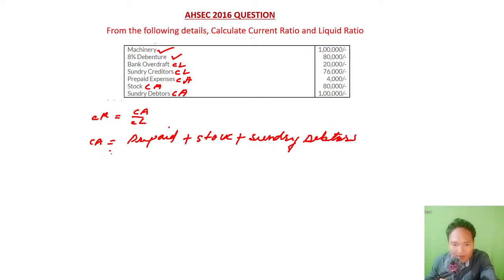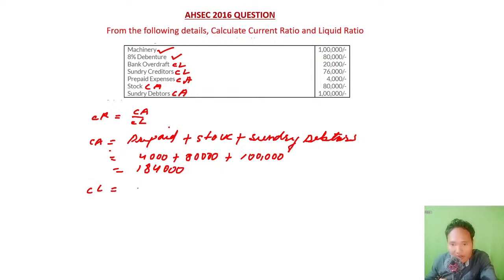Put the values, that is 4,000 plus 80,000 plus 1 lakh, and the total amount will be 1,84,000. Next we have current liabilities.